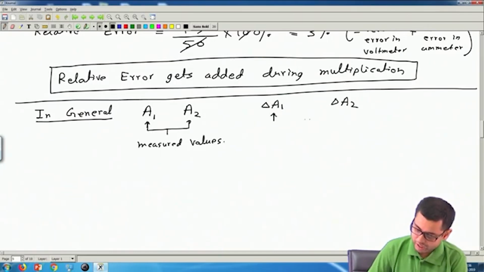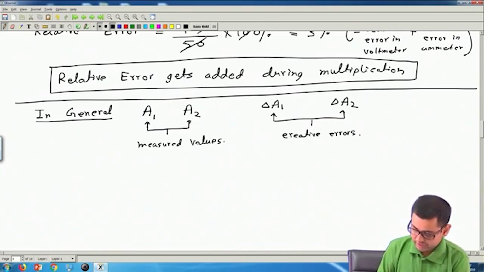So delta A1 is the relative error for A1, delta A2 is the relative error for A2. Then we can write the true values.